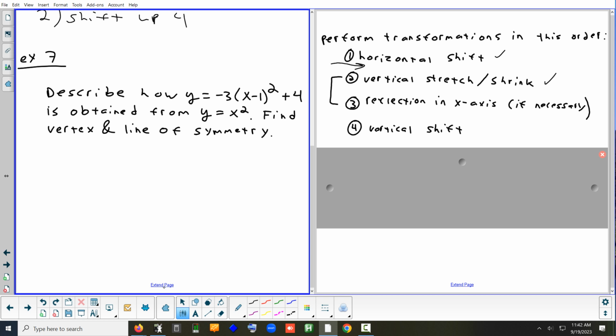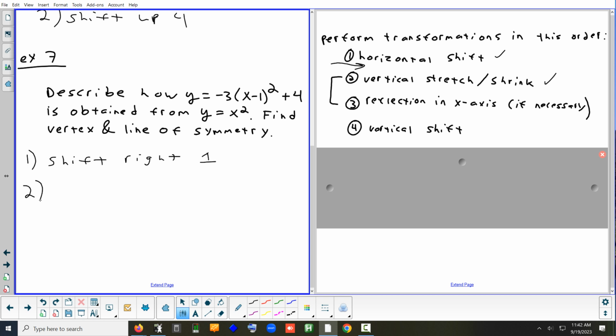We have every transformation in this problem. What number do we focus on first to get the horizontal shift? The negative 1. And that's going to shift which way? Correct. It's going to shift to the right 1 unit. So shift right 1. So that takes care of that.